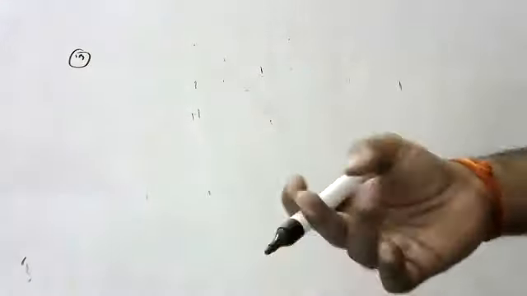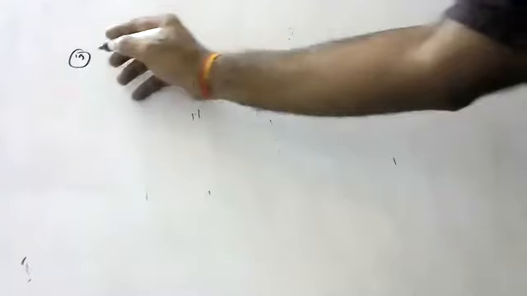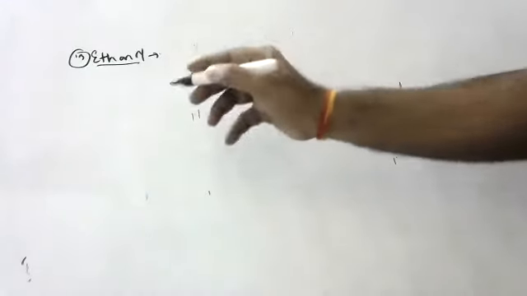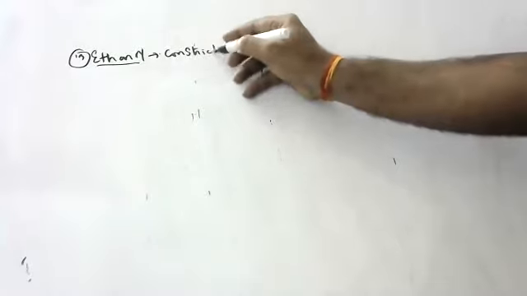Next question, 15th question. Which property of ethanol makes it suitable for preparing medicines such as tincture of iodine, cough syrup, other tonics? Children, it causes constriction of vessels.